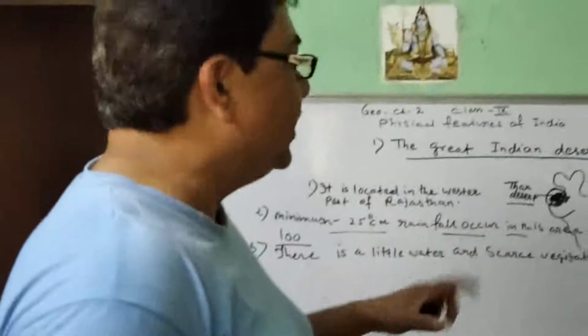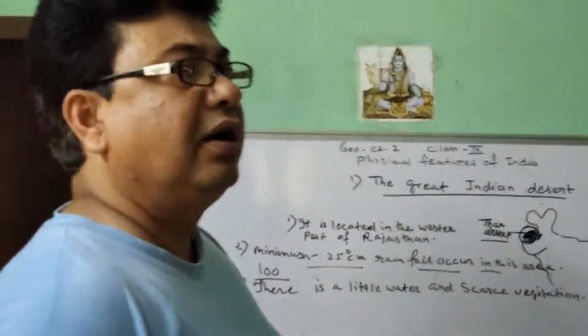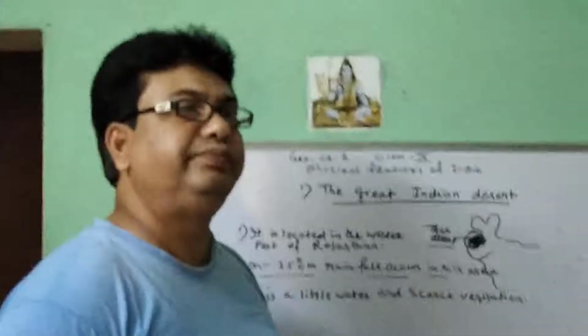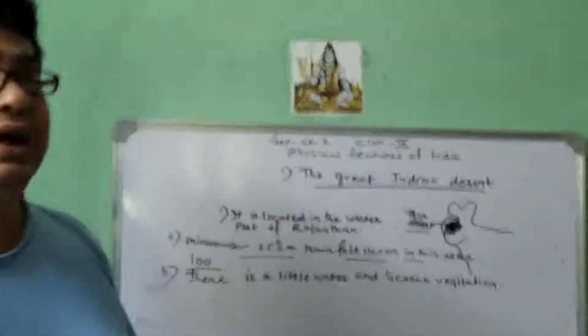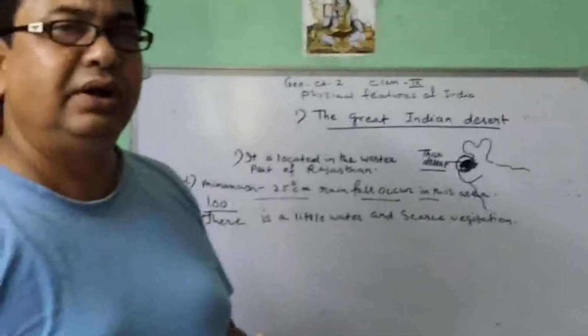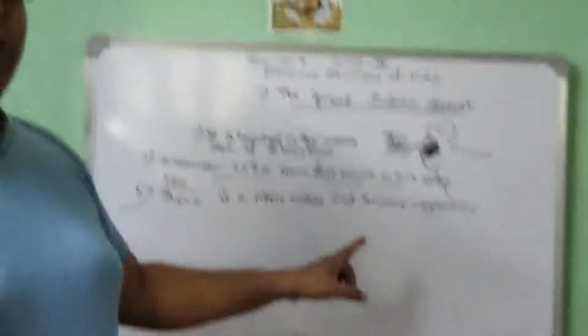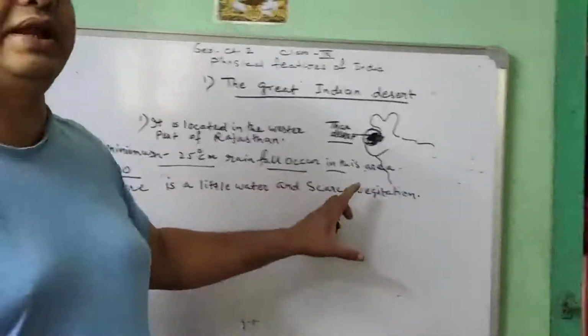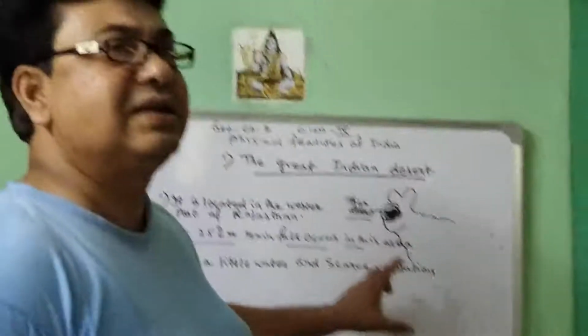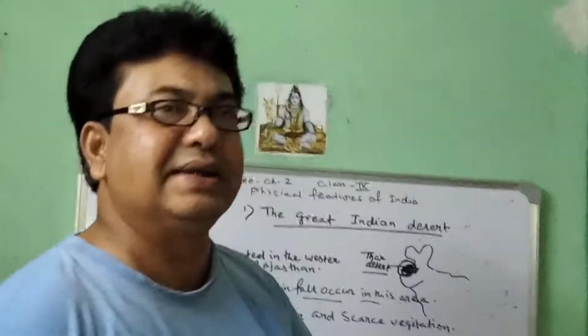Naturally, these vegetations are thorny bushes, cactus, date palm. This type of trees and bushes are grown in this area. Animals like camels, desert snakes and lizards, and some gazelles can be found. These are some common animals found in this region.